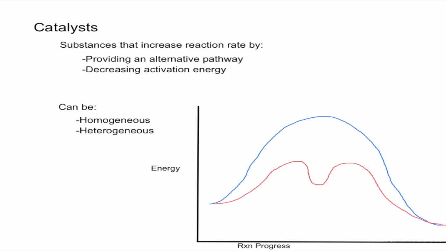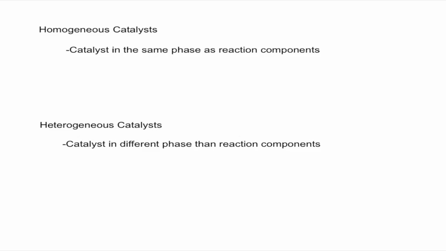So now let's see what the two types of catalysts are. As I said before, we have homogeneous catalysts and heterogeneous catalysts, and that just depends on the state of matter. For a homogeneous catalyst, the catalyst is going to be in the same phase as the reaction components.